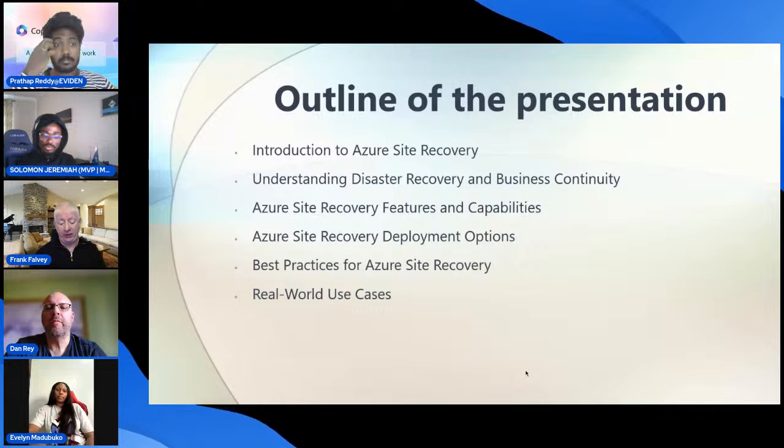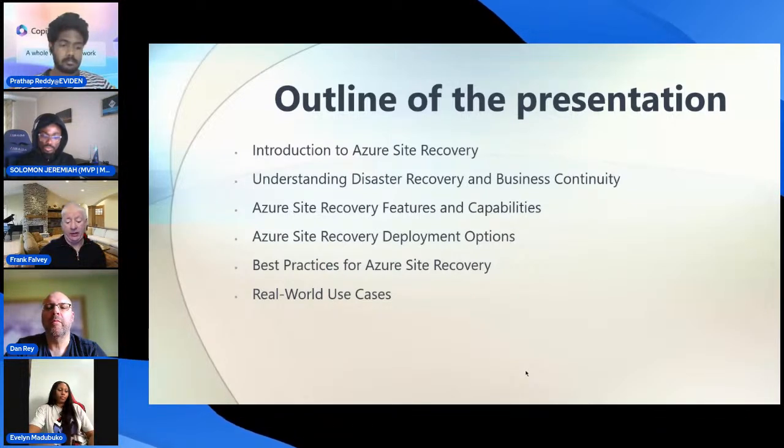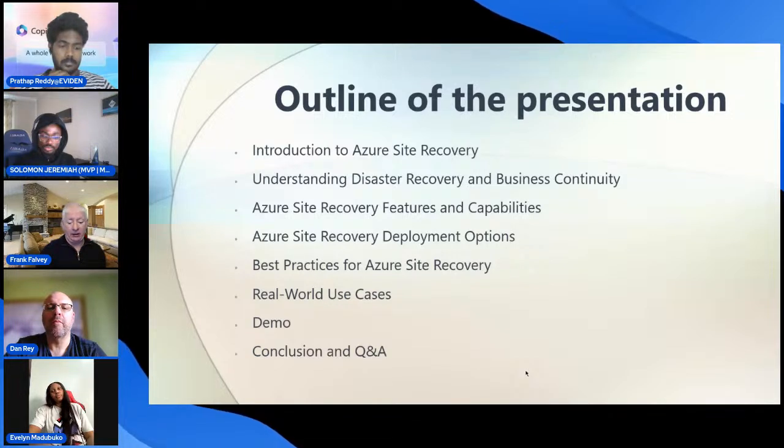Some would just be basic, others would have everything, depending on where you're located. So that'll be the demo at the end on all the regions. And then we'll have some questions and answers at the end, and I'll be handing over to Evelyn then. I think Evelyn has something for us as well.